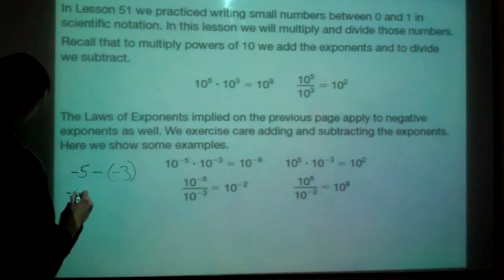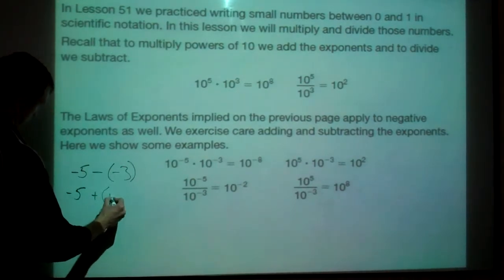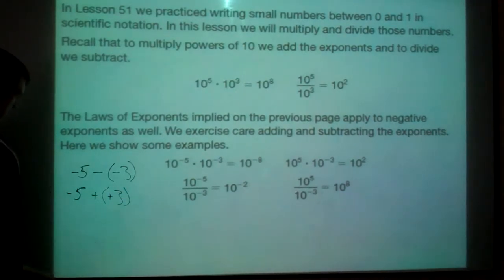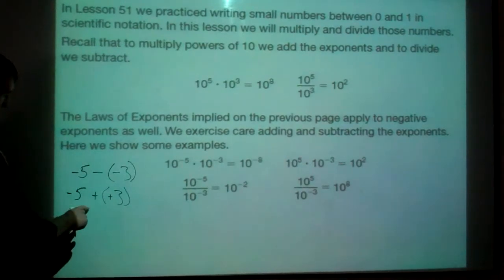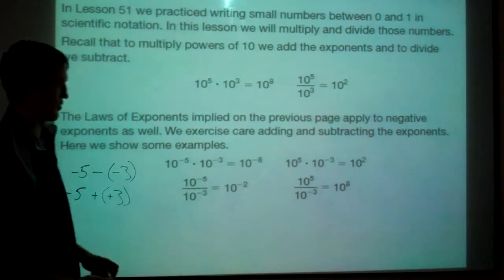So, negative 5 plus the opposite of negative 3, which is a positive 3. So negative 5 plus 3 gives us negative 2 right there.